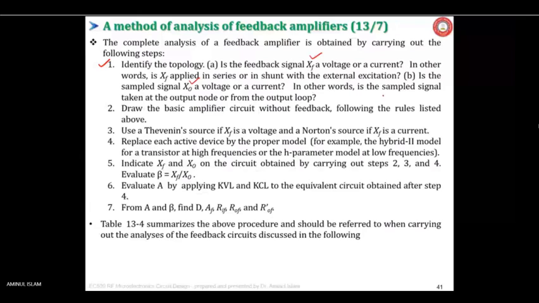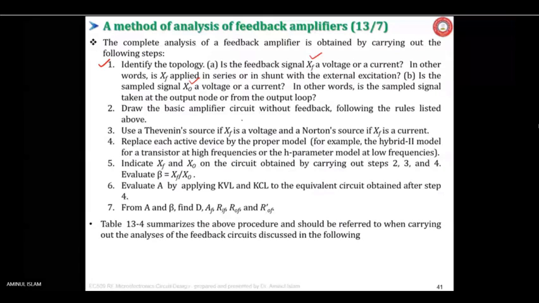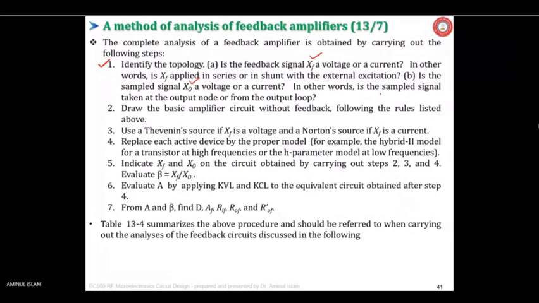In other words, is the sampled signal taken at the output node or from the output loop? In case of current, you have seen the diagram earlier, we are putting it in the loop, a kind of series connection there. In case of voltage sampling, you are tapping the output node, okay? Then it is a parallel combination, shunt combination connection.